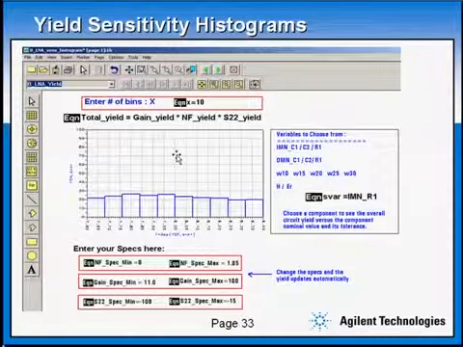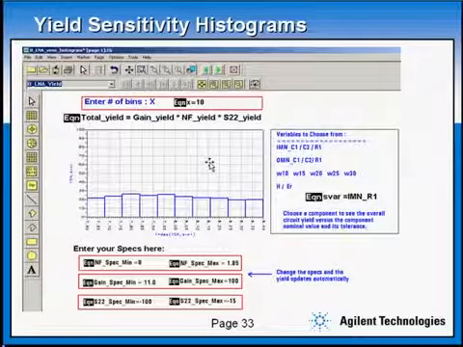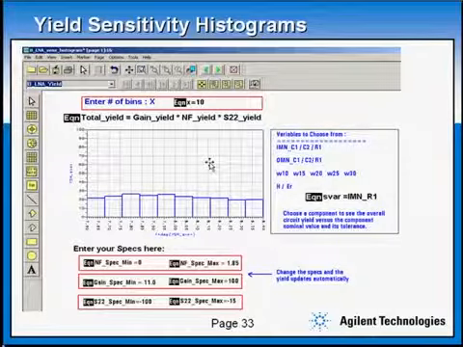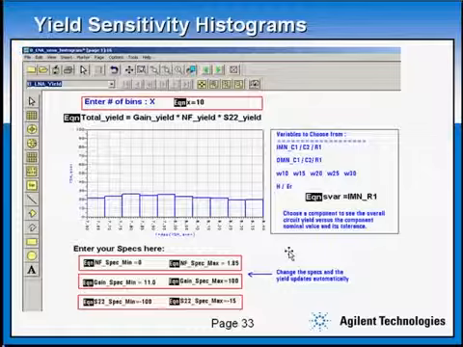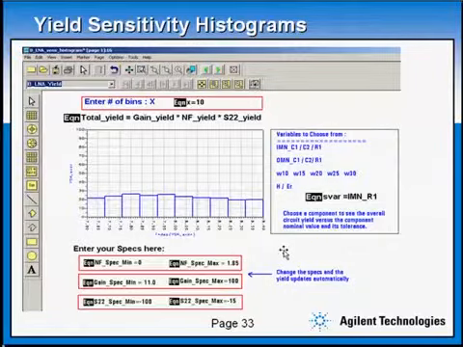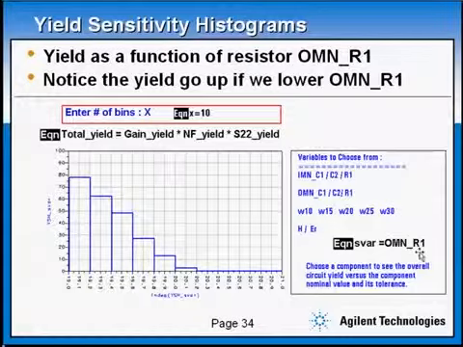I can put a 2 dB noise figure spec, and by post-processing all the yield data, it will automatically update this graph and tell you what the yield would be if you relax or change your specs. This template is amazing. It really is very helpful to you. It gives you a lot of information.